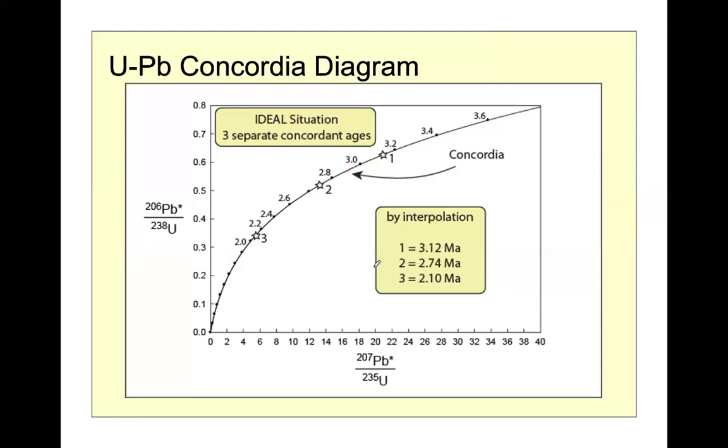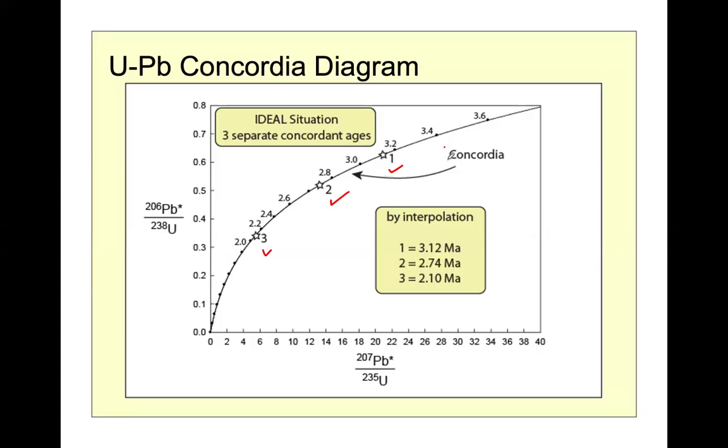And for the uranium-lead Concordia diagram, we have another one here with an example. You see here, 1, 2, 3. You have 1, 2, 3 there. That means you have three data points exactly plotting on the curve itself.